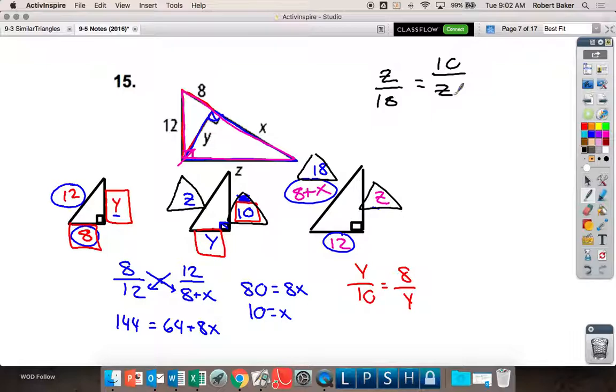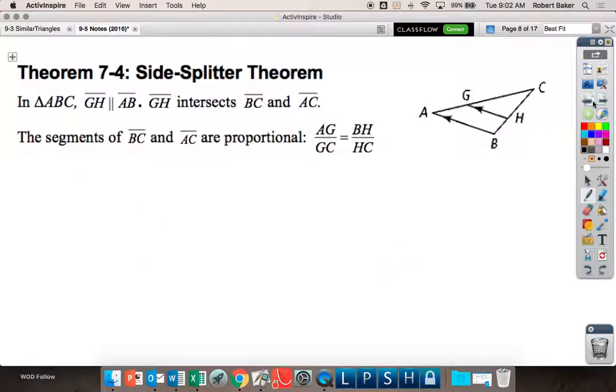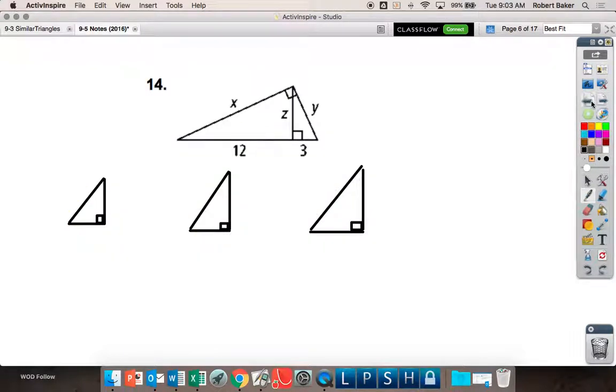Go over number 1. What are the 2 numbers for number 1? 9 and 4. So to find the geometric mean, step 1, multiply.